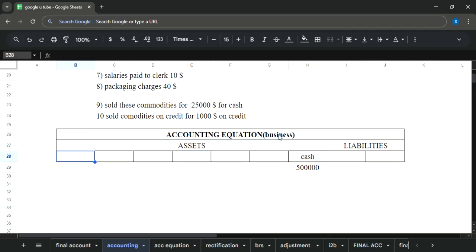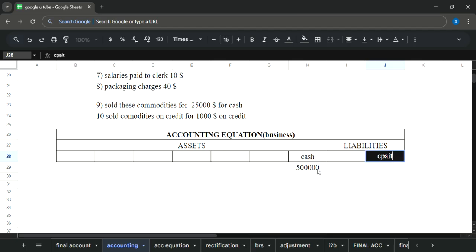So now what is happening? When cash is invested in the business, although on one side cash is coming in, that's a favorable thing, the business will have to be answerable for this amount. So at the same time, it would be considered as capital.